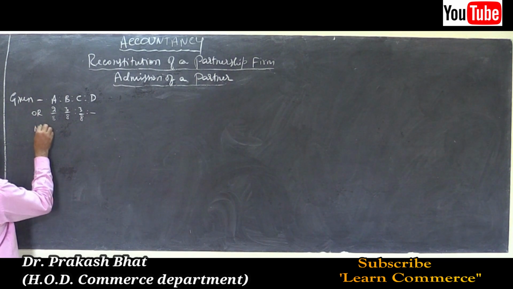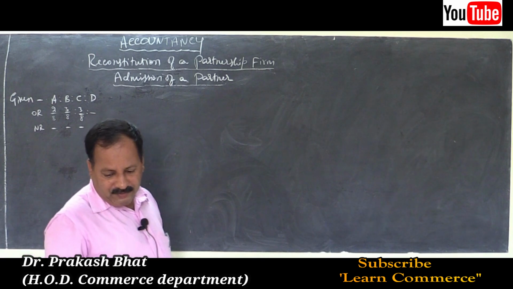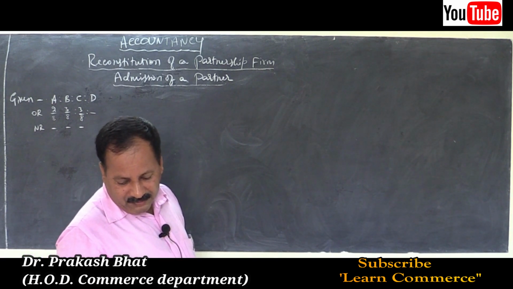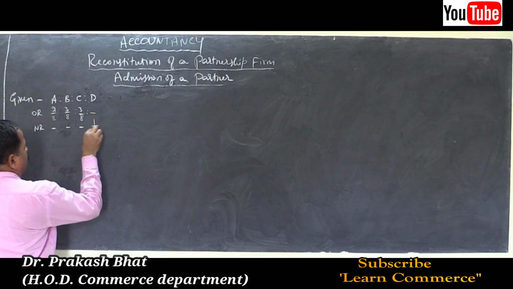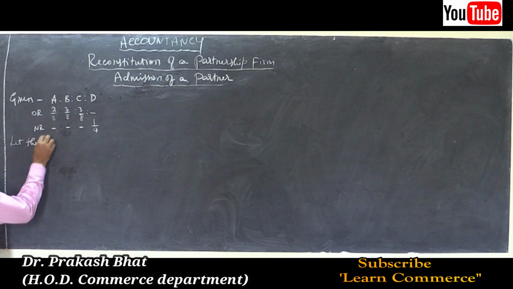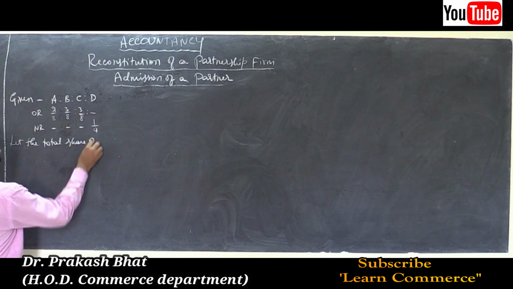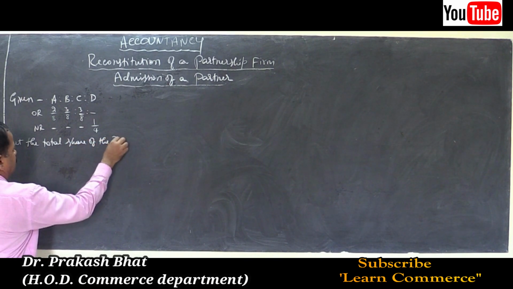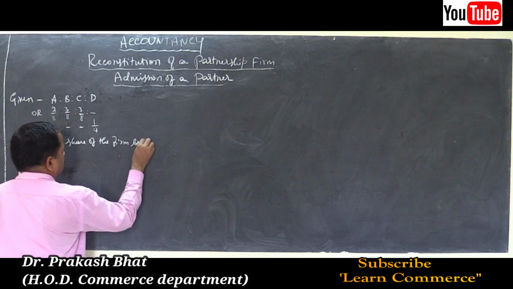New ratio is dash dash dash, and 1/4 share is given to the new partner D, that is 1/4. Let us calculate. Let the total share of the firm be 1.